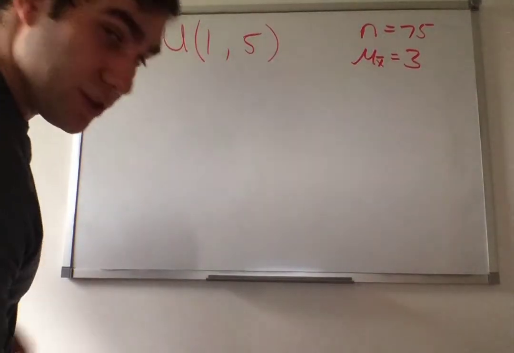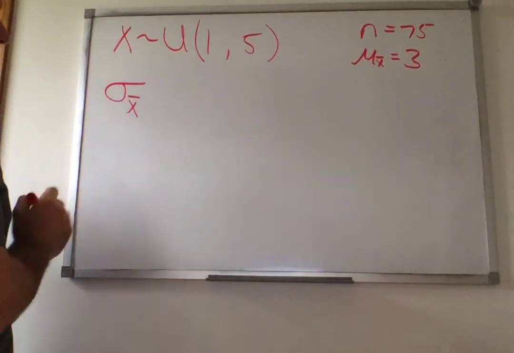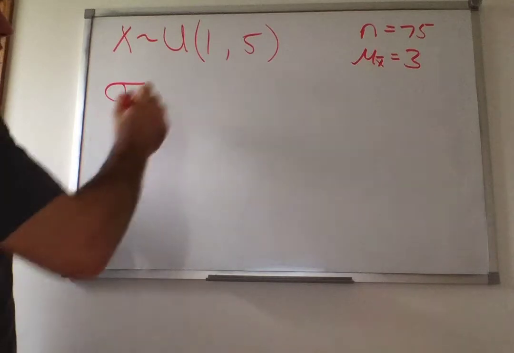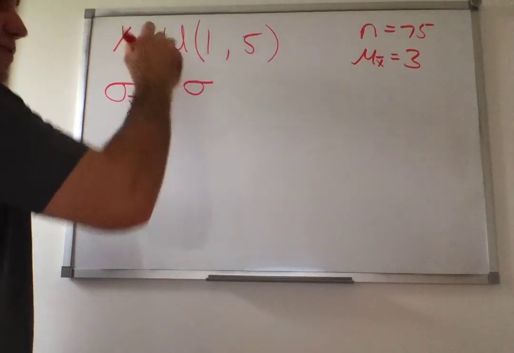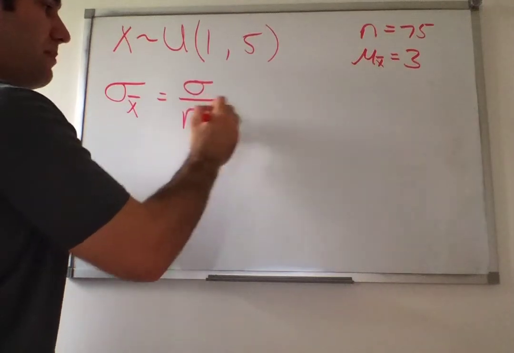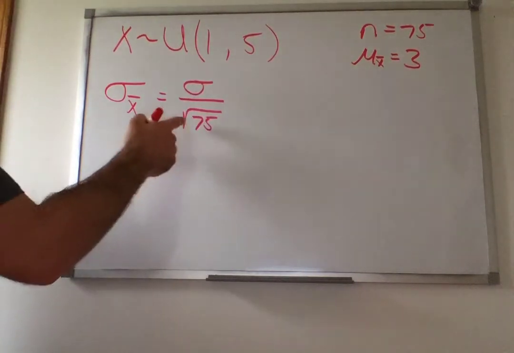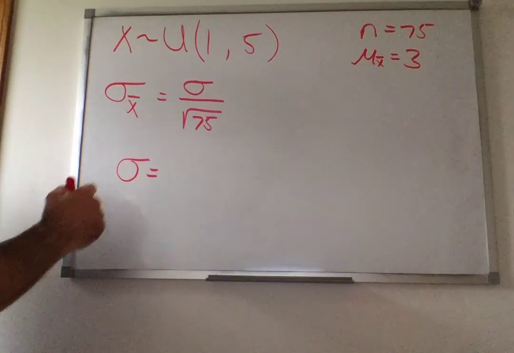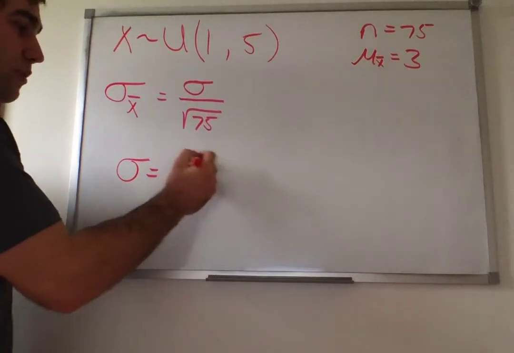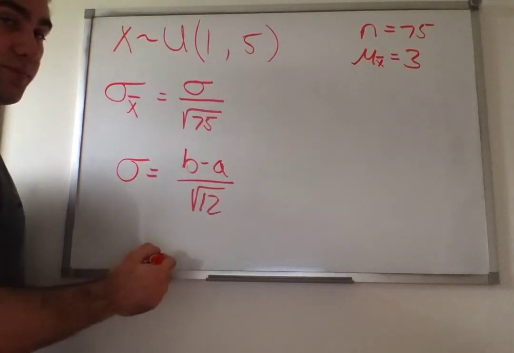Now what we need to do is find the standard deviation of the sampling distribution. Well, this is going to be equal to the standard deviation of the uniform distribution divided by the square root of 75. So if you recall, the standard deviation for a uniform distribution was b minus a divided by the square root of 12.